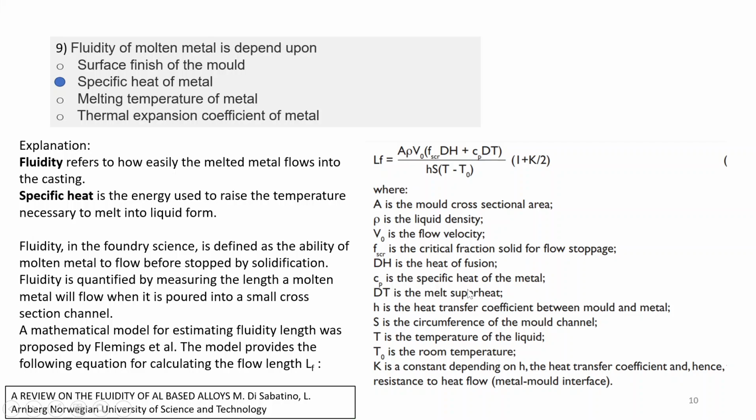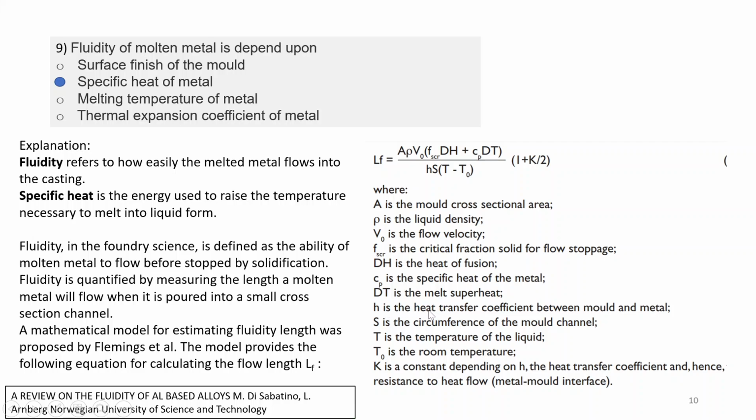Melt superheat means how much you are heating your material above the melting temperature. If you are heating your material to a higher extent above melting temperature, then it will have less viscosity and high fluidity.